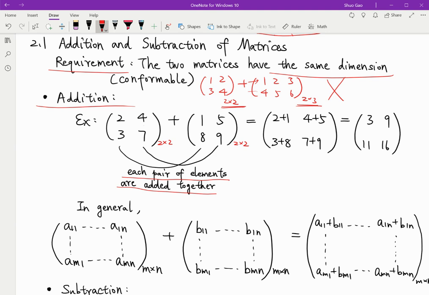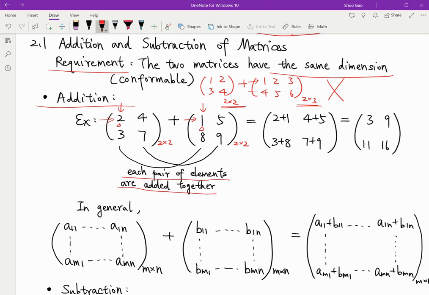For example, the 2 and 1 here both lie in the first row and first column, where they have the same location inside the two matrices. So we only add the elements that lie in the same location in the two matrices together.